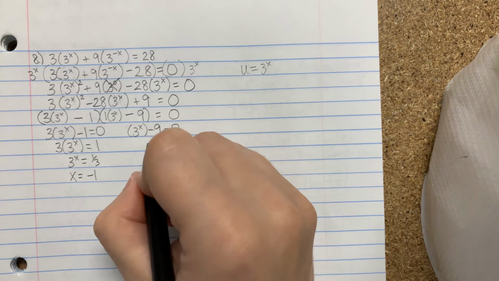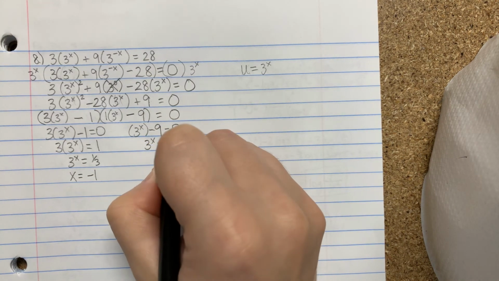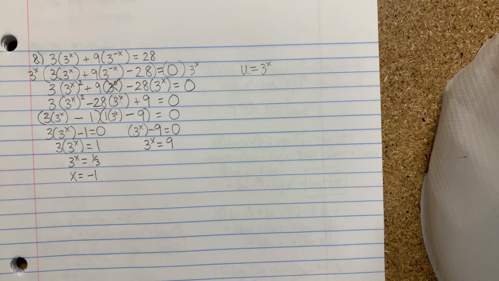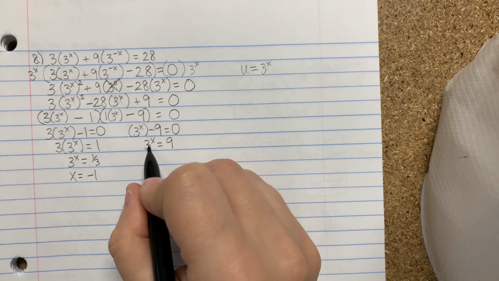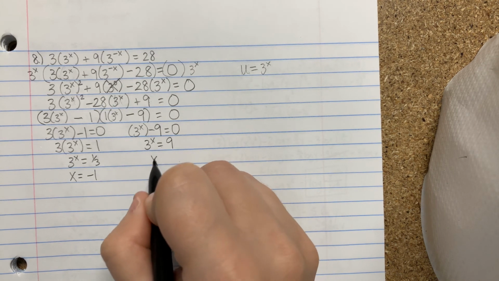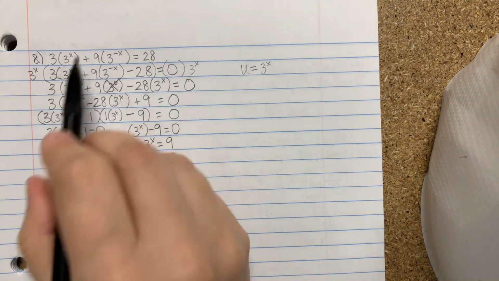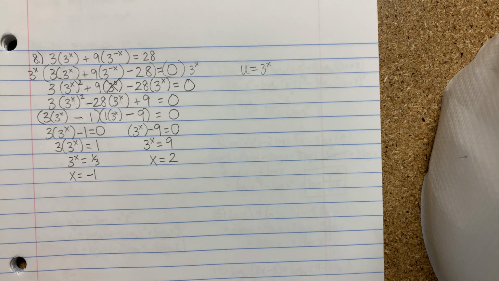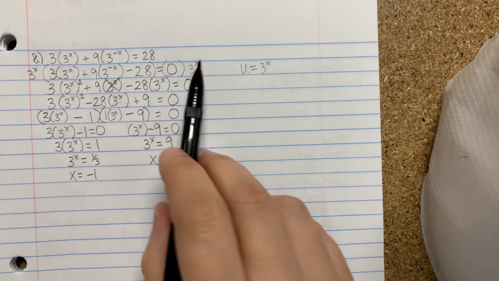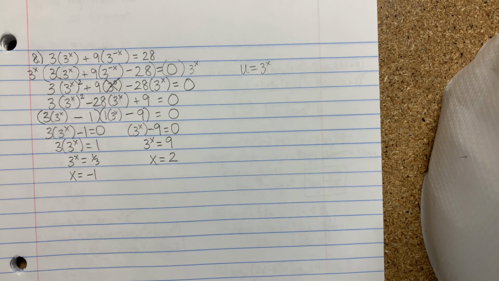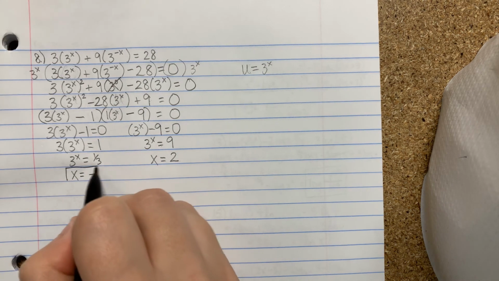Same thing here: 3 to the x equals 9. So 3 to what power equals 9? 3 to the second power equals 9. Okay, then take those and let's bring them back up and make sure it's going to work out. Since there are no logs in this problem at all, that's fine. So these two answers are good to go.